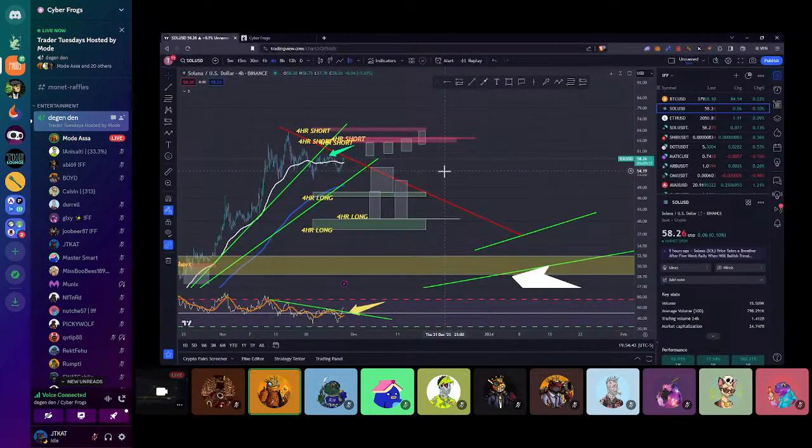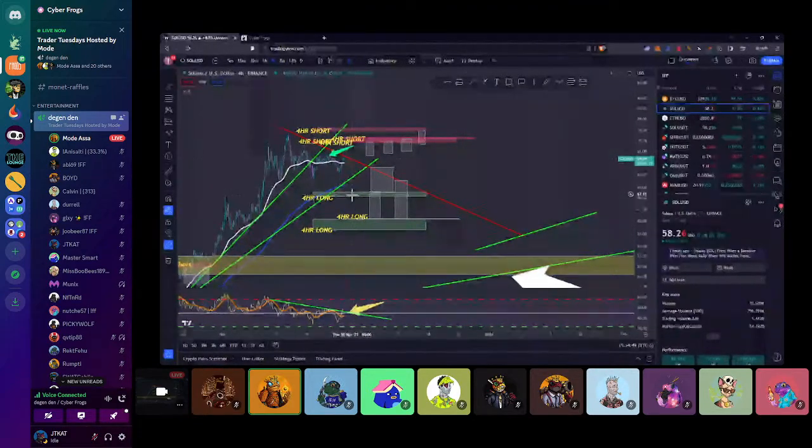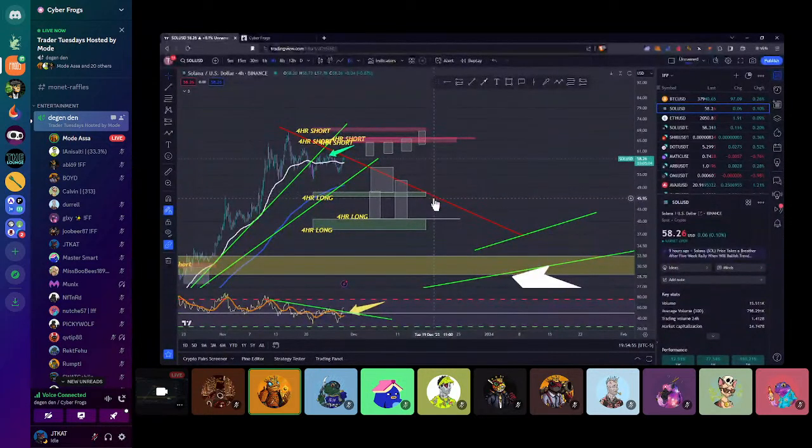You'll never have to look at it again. Maybe on these 4-hour charts, maybe every couple days you want to look to see if the 4-hour calls have been invalidated and you could close your trade. Maybe you want to see if it did hit and if you are in profit and maybe scale out a little bit or something. But you don't need to understand charts to use Thor.